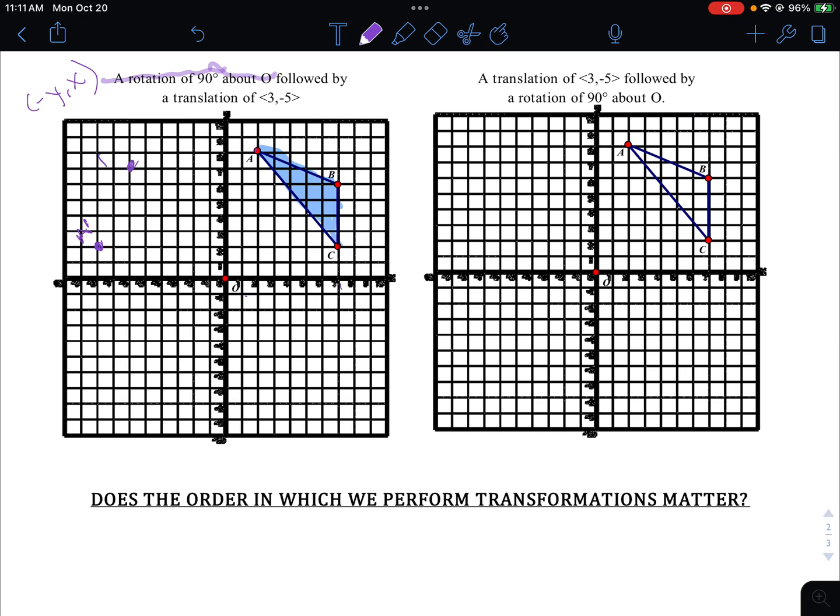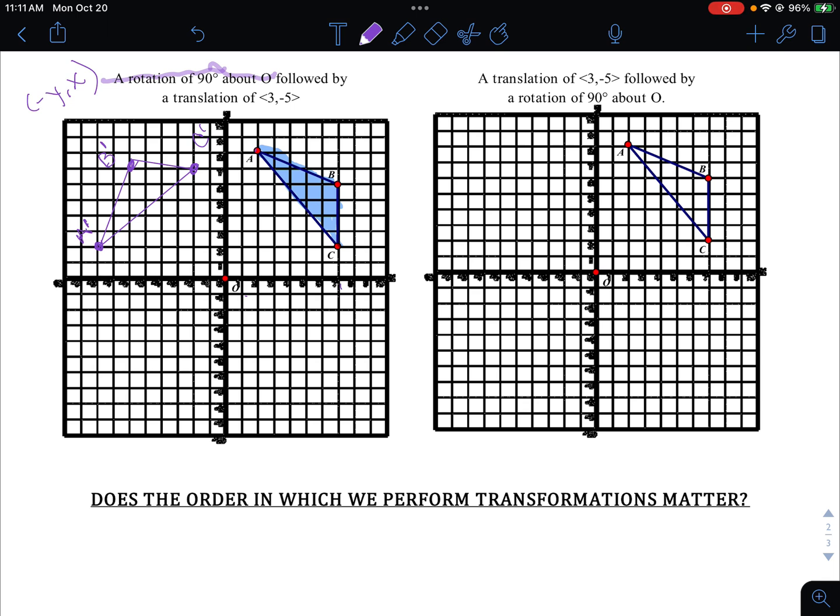And then C was at 7, 1, so negative 1, 7. Right, 7, 2, so negative 2, 7. Whoop, that's 3. Hold on. Right here, C prime. And so here is the first one. There's your first one.